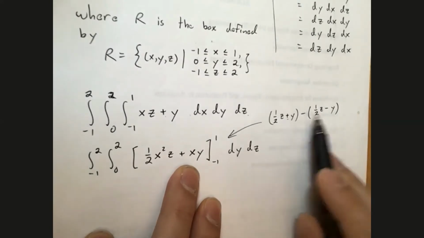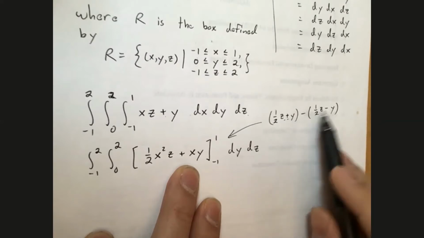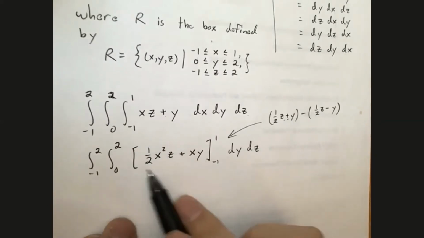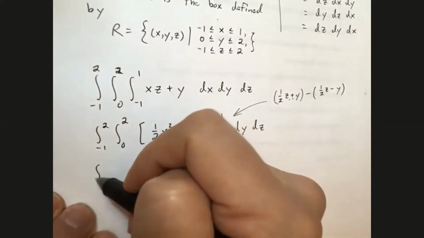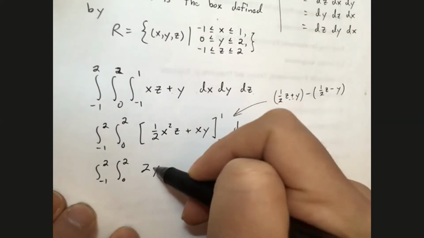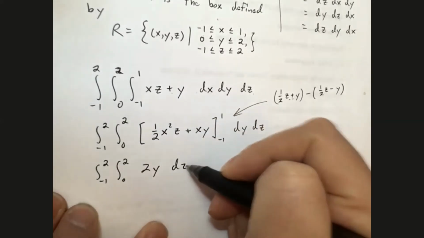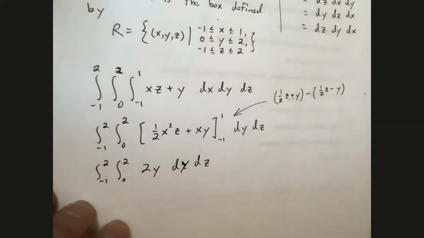And so when I subtract those, the 1/2 z's cancel, but I get y minus -y, I get 2y. So this whole thing just becomes 2y. Okay, so there we go. Oh, that's dy first, and then dz. Okay.